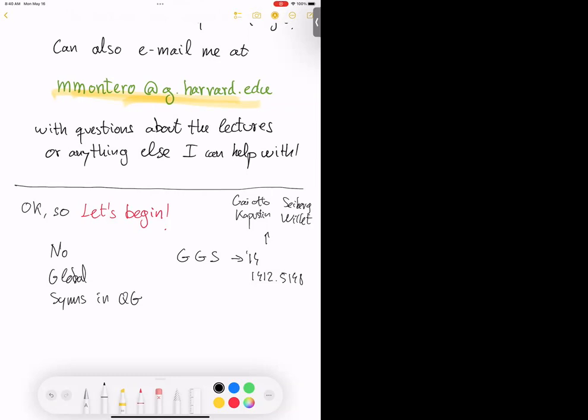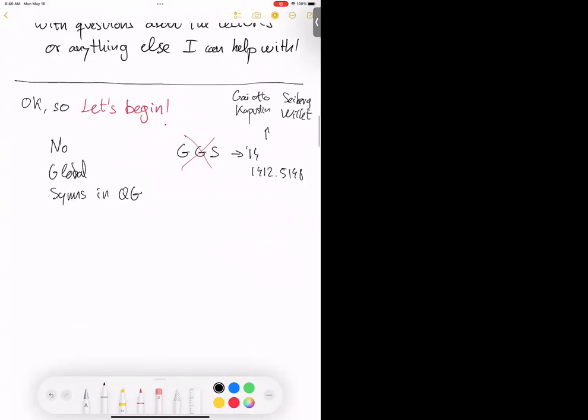Okay. So, there's no global symmetry in quantum gravity, and there's this new kind of story called generalized global symmetries. Of course, the whole point is that there's also non-generalized global symmetries in quantum gravity. And you might ask, well, if there's no global symmetries, why are we starting the lectures discussing generalized global symmetries?